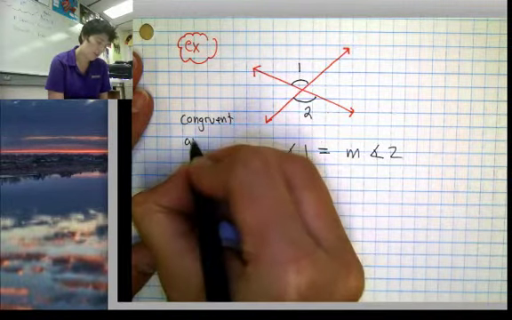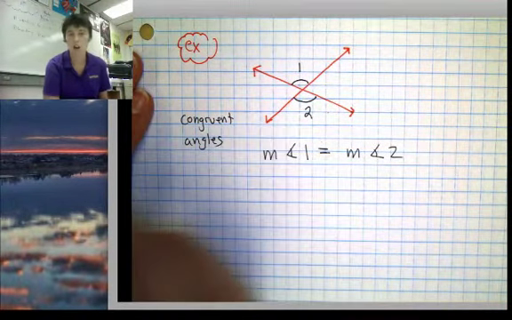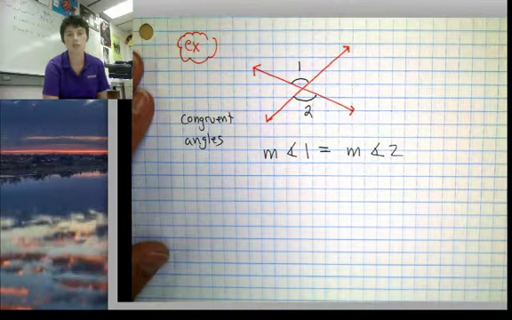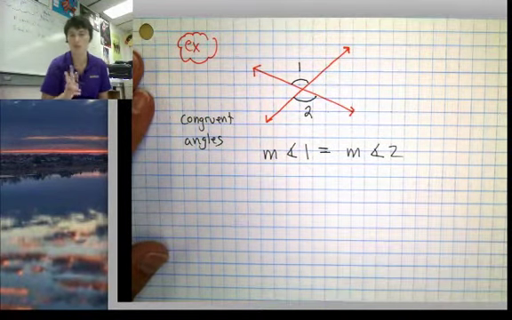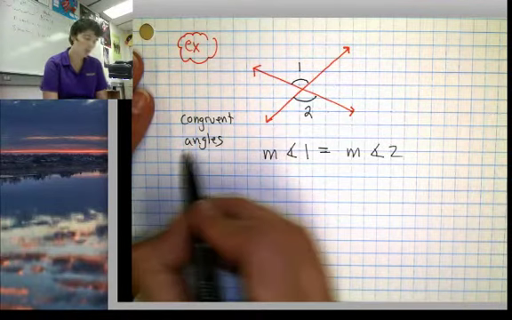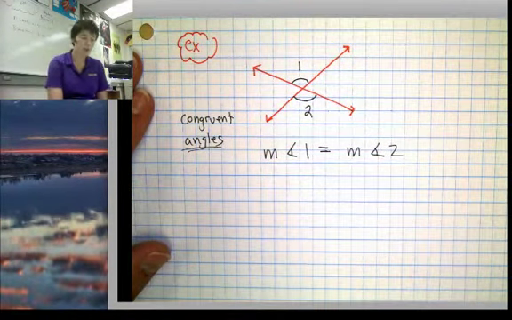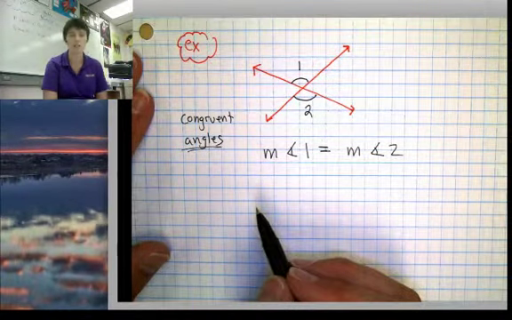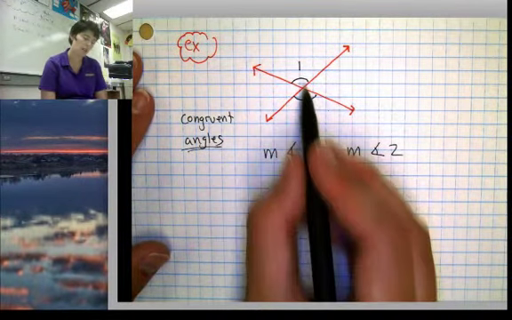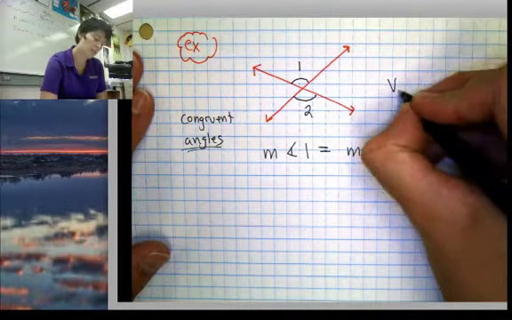You can have congruent triangles, congruent circles, congruent lines. Congruent is just when two things are the same. So congruent angles. This is a special case. They're right across from each other. They're formed from the same lines. So we call these two congruent angles vertical angles.